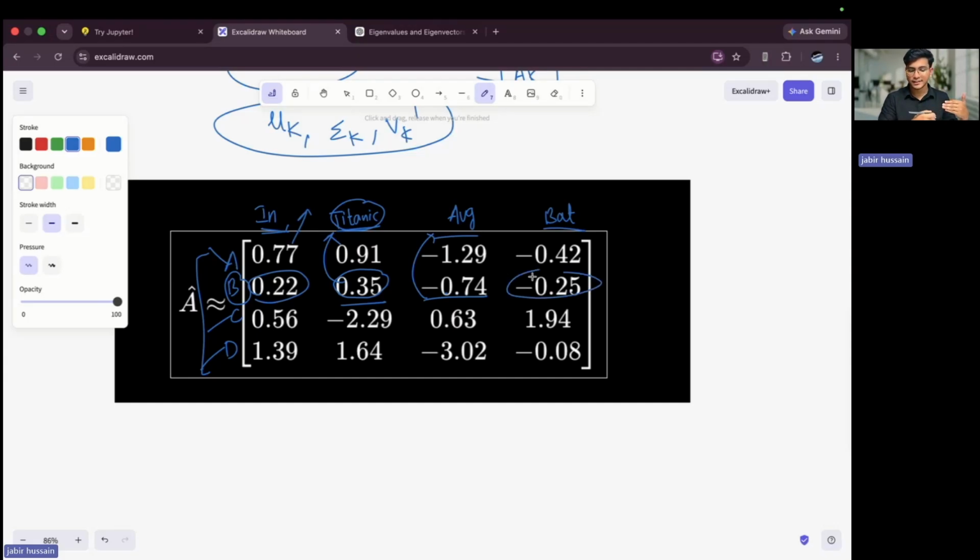He has watched Inception and Batman. So we saw the pattern of Inception among all these users, the pattern of Batman among all these users, and from these you can see that user D has liked it more, user A has liked it more, and similarly their favorite is Batman, Inception as well. See, 0.91, 1.64. So because they liked Inception and at the same time they tend to like Titanic, but B has not seen Titanic.